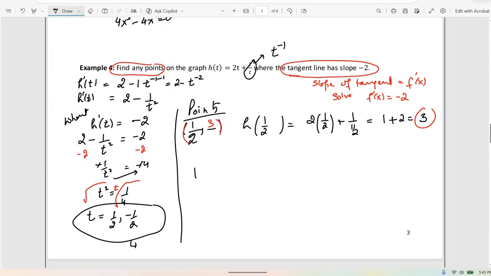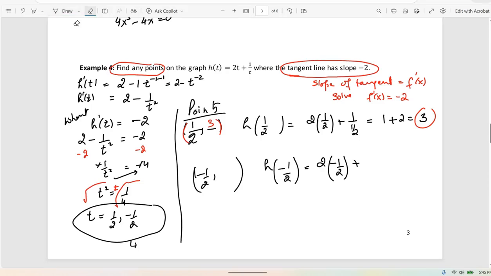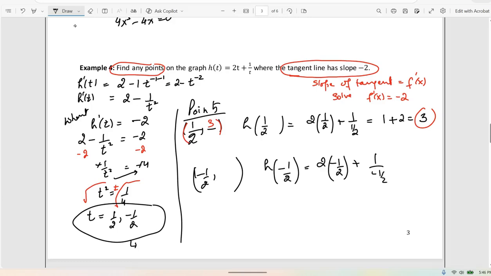For the second point, when the x value is -half, we need to find h of -half. That will be 2 times -half plus 1 by -half, since the function is given, right? We are just using that. So 2 times -half is -1, minus 2 will be -3.